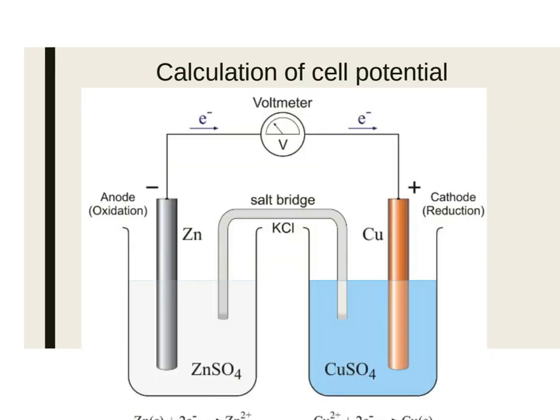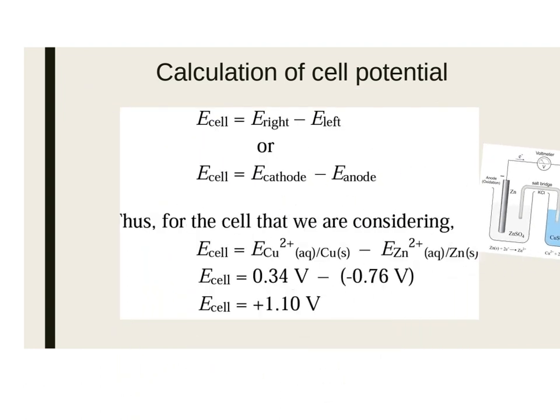Now let's see how do we calculate the cell potential. Here zinc and copper, if the standard electrode potentials of these electrodes are given, how do we calculate it? You can see in the diagram on the left hand side we have zinc and on the right hand side we have copper, right? So when we calculate the cell potential, this is the equation we use.